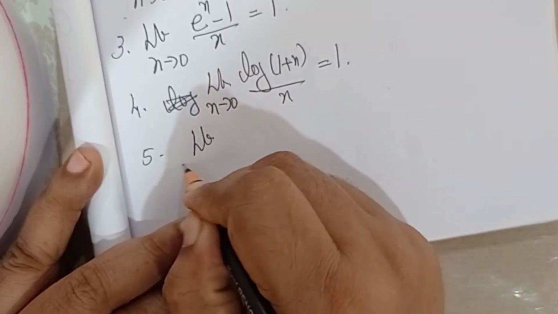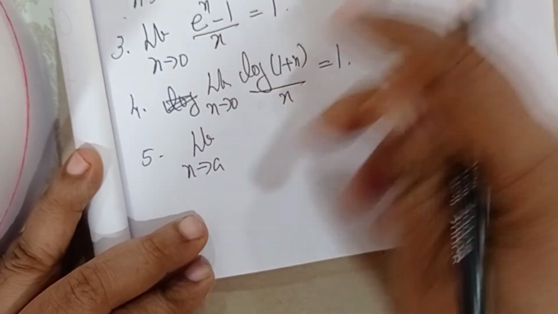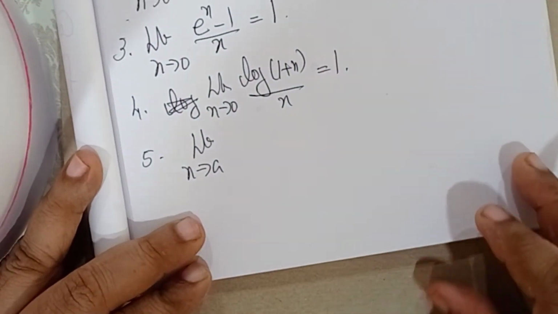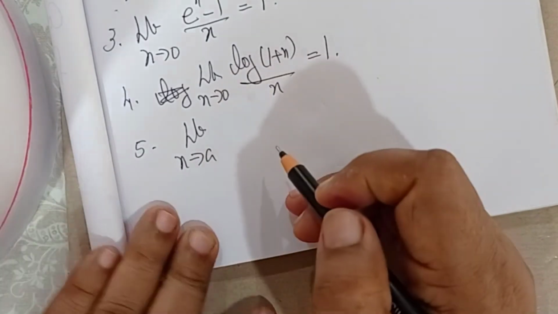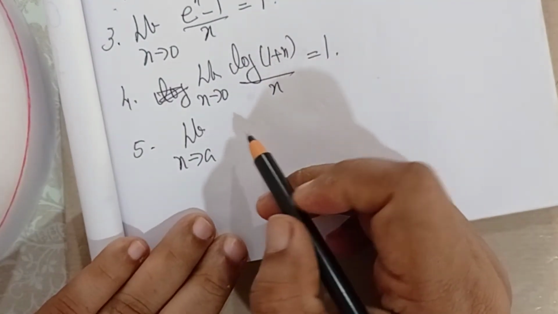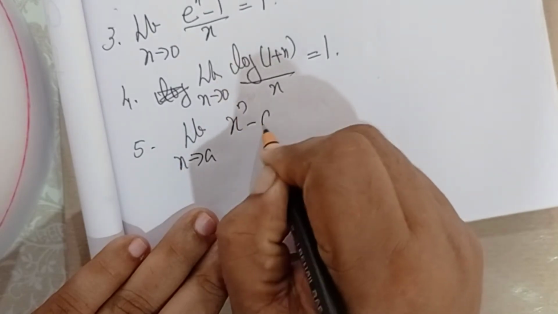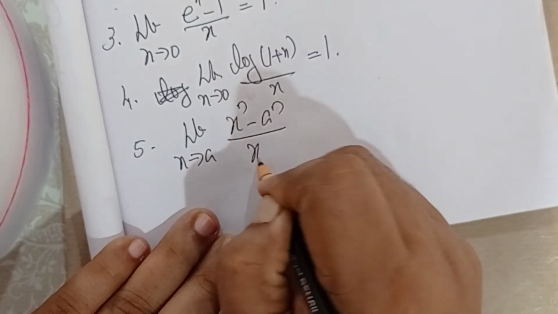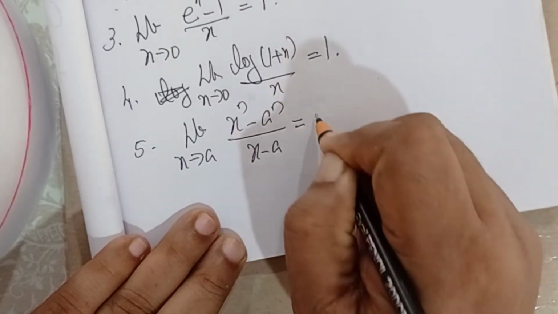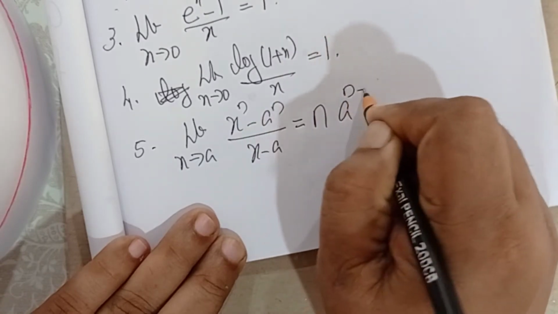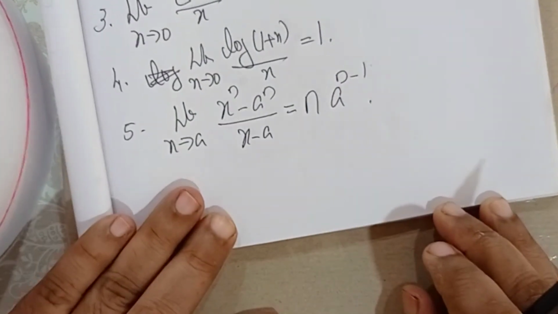Then the next formula, limit x tends to a, (x raised to n minus a raised to n) by (x minus a) equals n a raised to n minus 1.